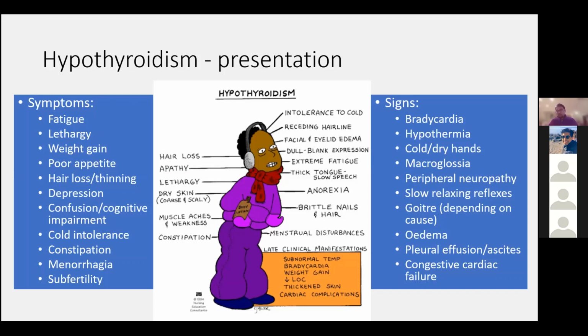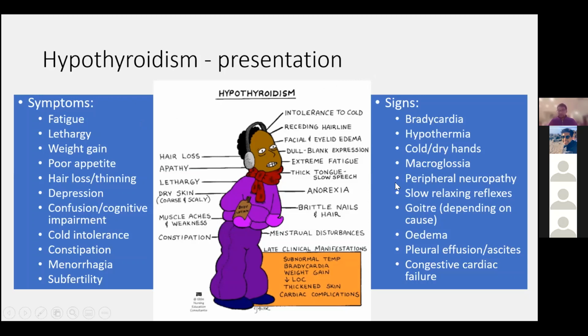Their rate of metabolism slows down, so they're often gaining weight, and they're often feeling very cold despite it being warm outside. In women in particular, you should always ask about menstrual history in a patient with suspected thyroid issues, because hypothyroid patients often complain of heavy periods.